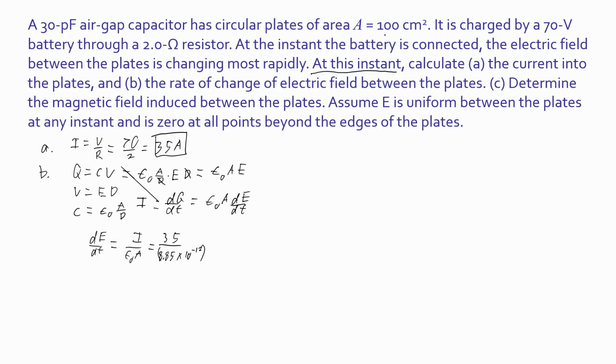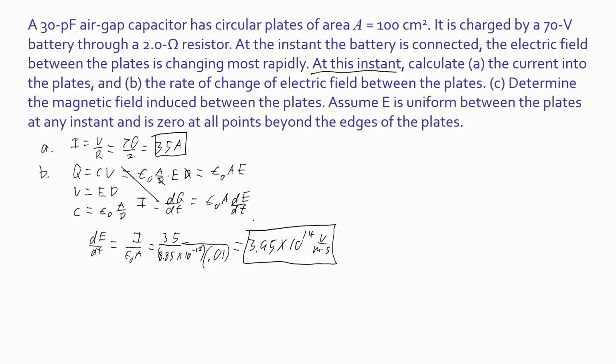Now this is in centimeters squared, so you have to move the decimal 2 places twice, or you divide by 100 squared, so that is going to give us 0.01 meters squared. Multiply all that stuff through, and we get a pretty large 3.95 times 10 to the 14th volts per meter per second as our initial rate of change of our electric field.